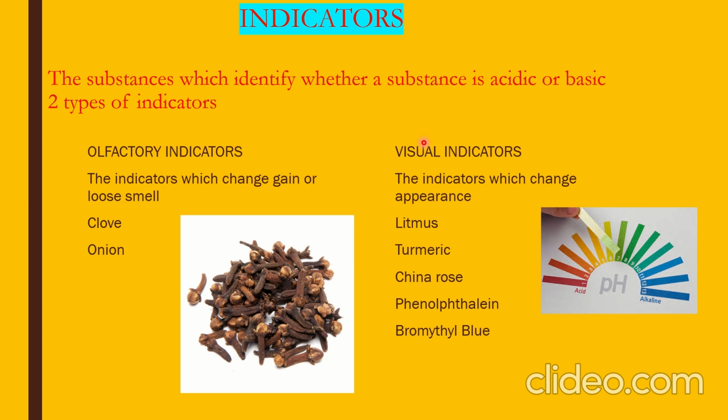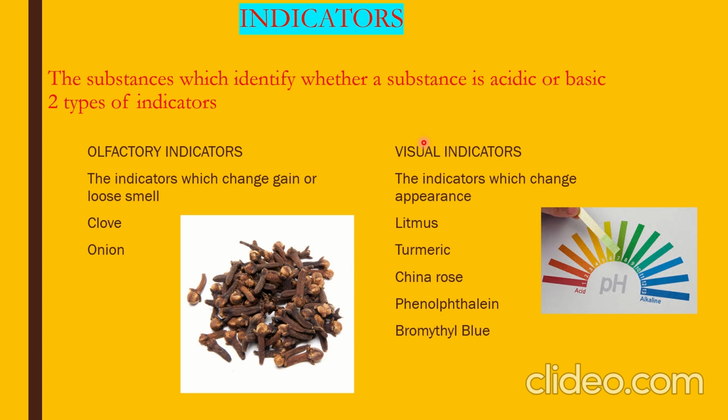Now let's go to olfactory indicators first. Olfactory indicators are the indicators which change their smell, gain a smell or lose their smell. Olfactory basically refers to smell and nose, so it depends on the smell to identify whether a substance is acidic or basic.